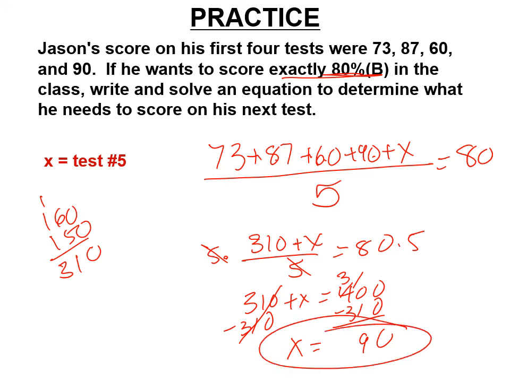And so as long as he gets a 90 on the next test, he can get a B, an 80 in the class. So he's got to get an A on the last test.